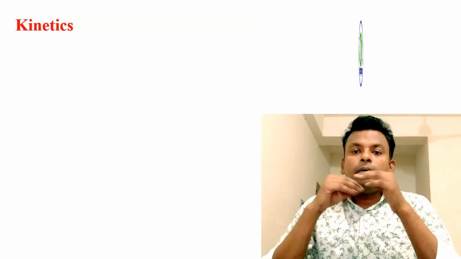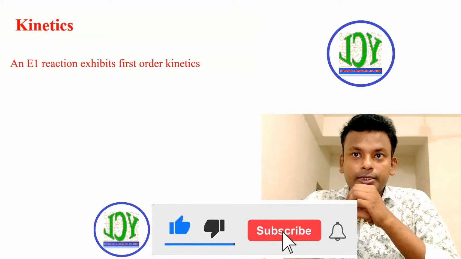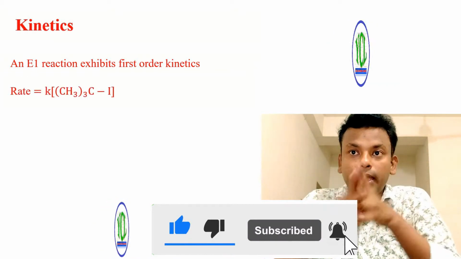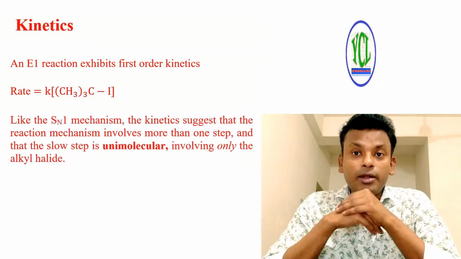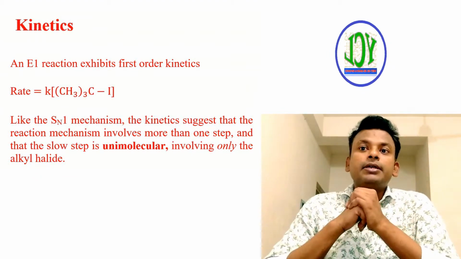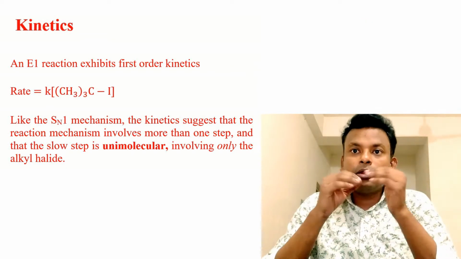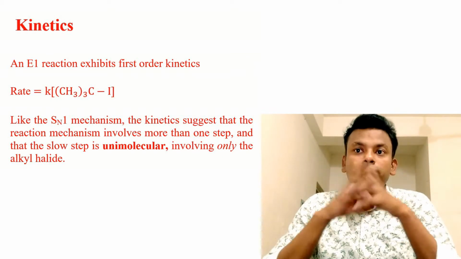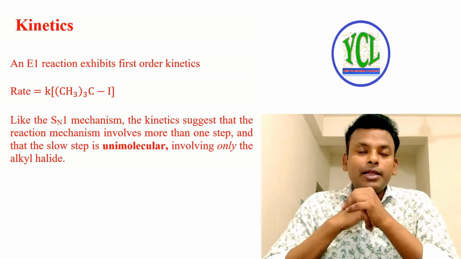Kinetics: the E1 reaction exhibits first order kinetics, that is rate equals k times [CH3Cl]. Like the SN1 mechanism, the kinetics suggests that the reaction mechanism involves more than one step, and the slow step is unimolecular, involving only the alkyl halide.